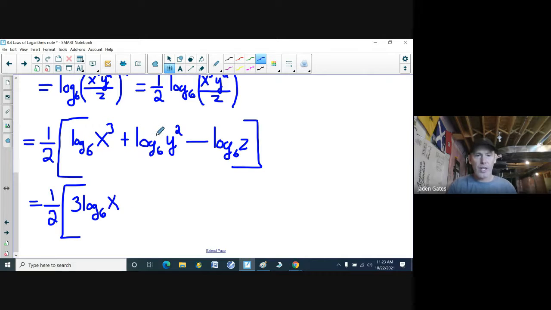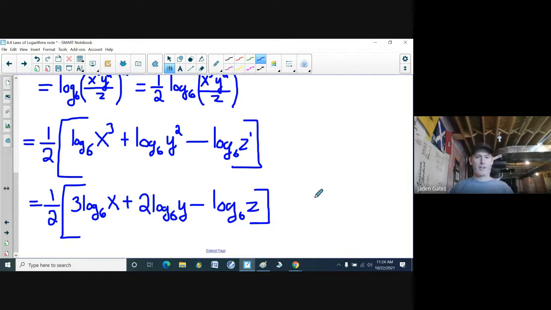Same thing with the y here. So I got plus, bring the 2 down in front using my log rule, 2 times the log base 6 y. And then the z, well, there's an exponent of 1 there, so that's not going to matter. So minus log base 6 z. All right, pretty much there.